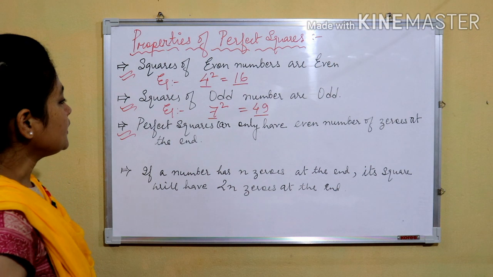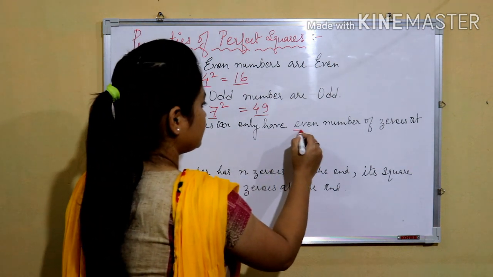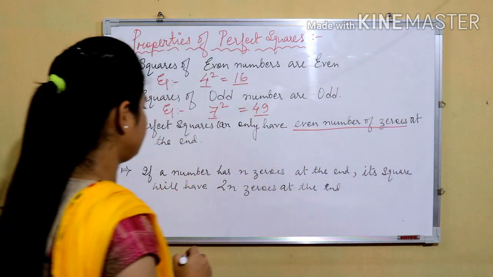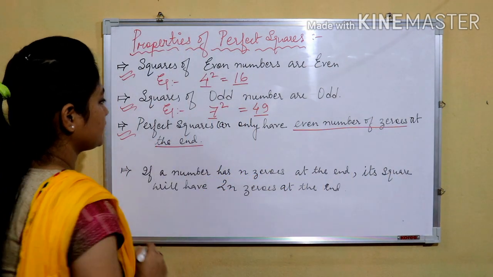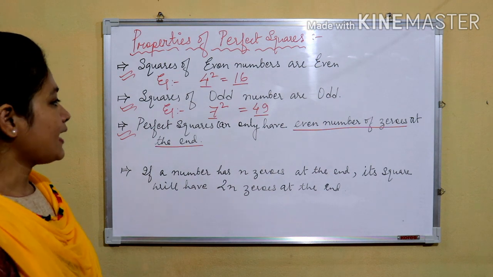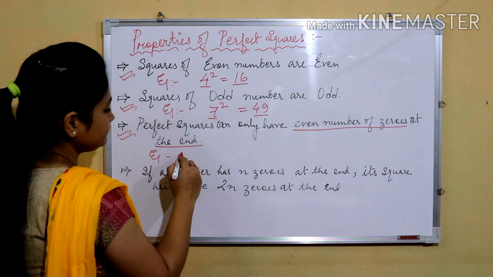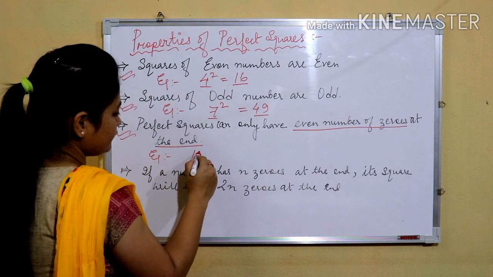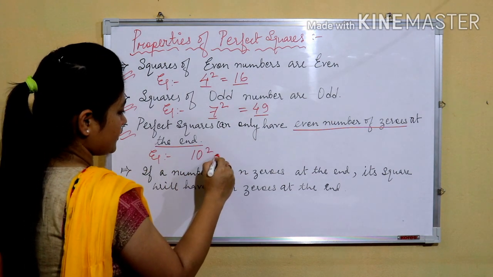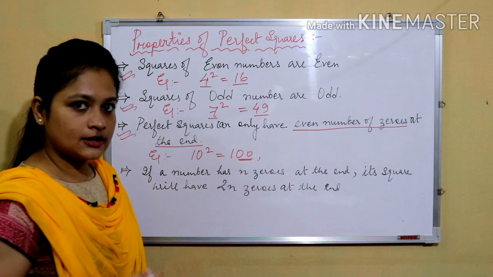Coming to the next one, perfect squares can only have an even number of zeros at the end. For example, suppose we find 10 square, 100, 2 zeros, an even number of zeros.